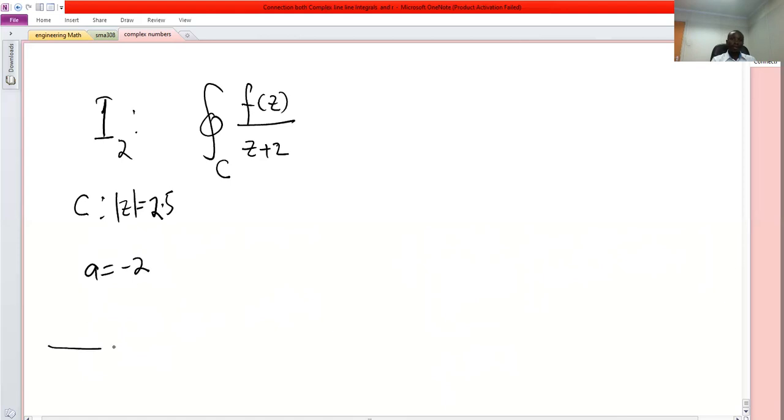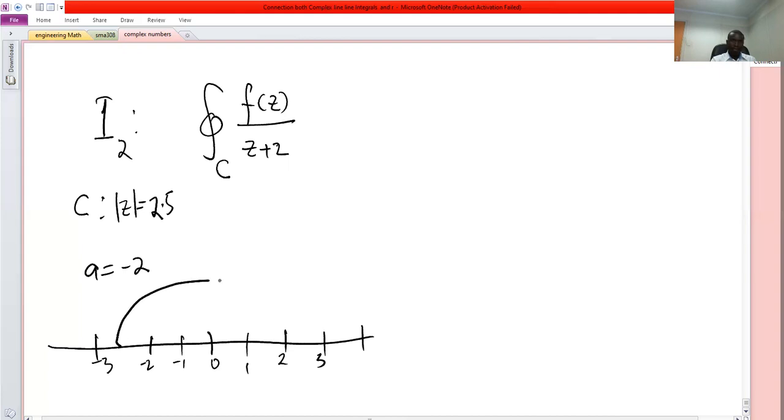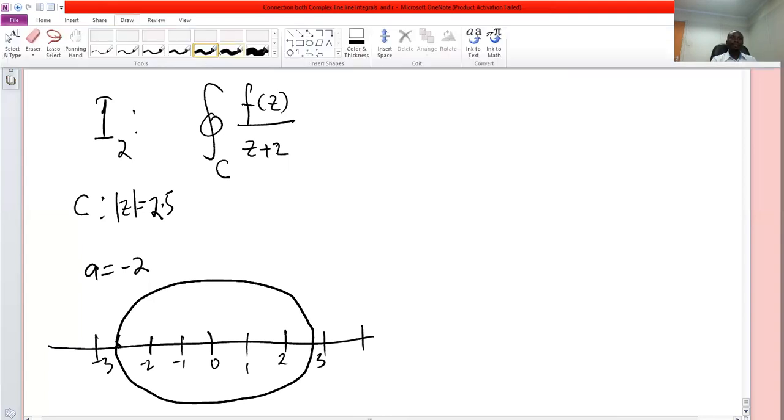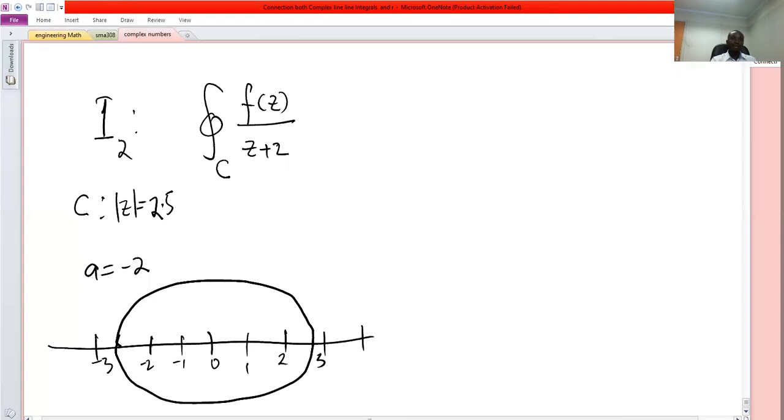So if you try to draw a circle, with marks 0, 1, 2, 3, minus 1, minus 2, say minus 3, a circle of radius 2.5 is a circle of this kind. So the point minus 2, as we see here, is within that circle.